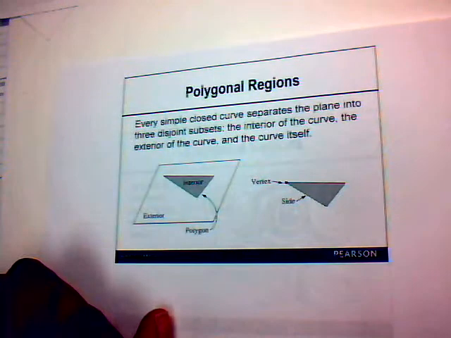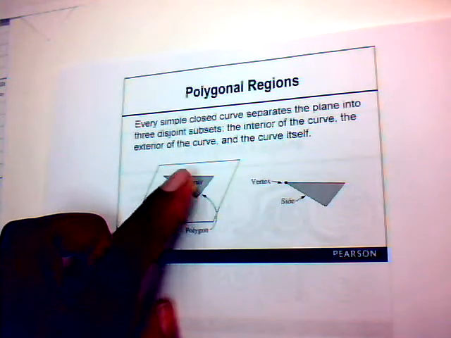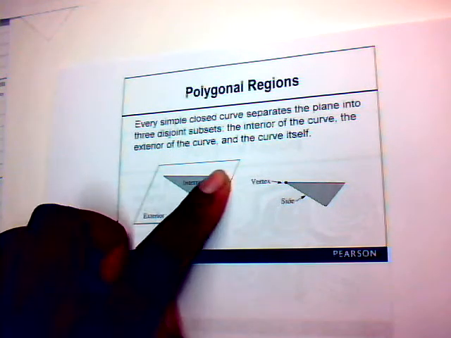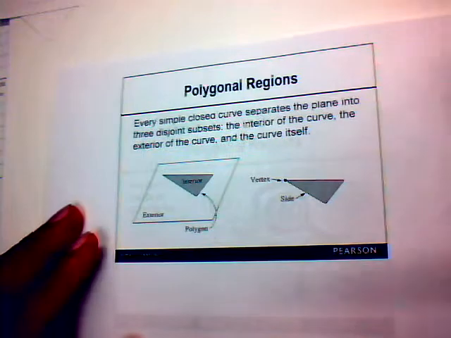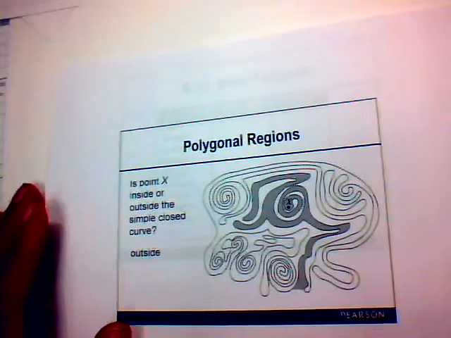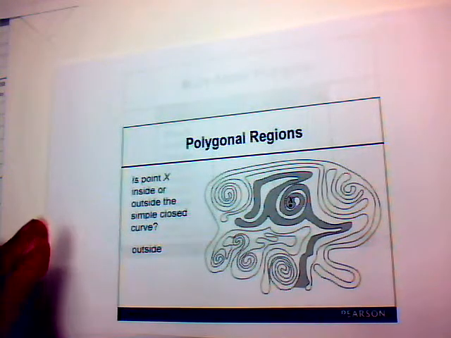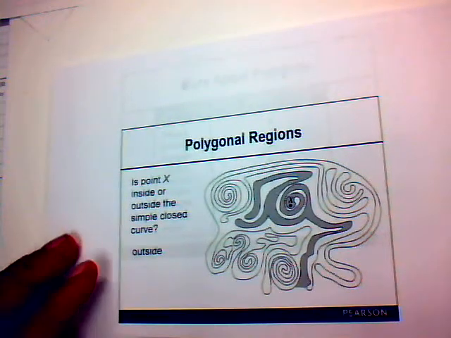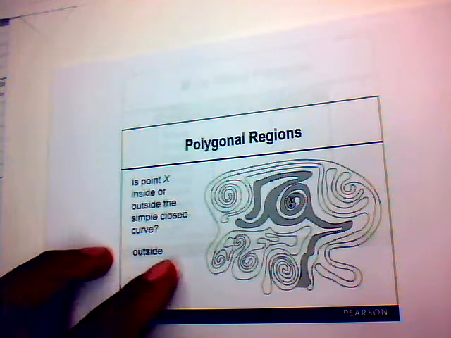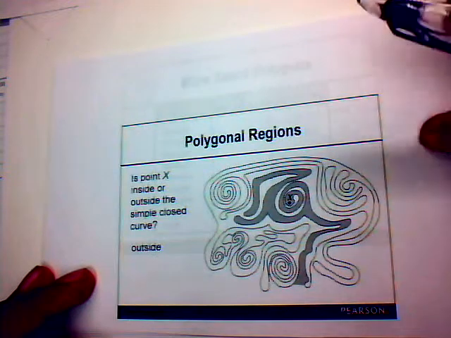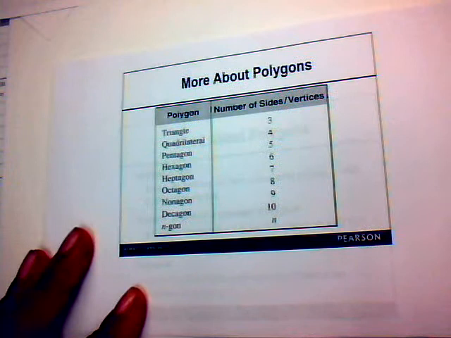You have 3 different subsets in that plane: the interior of that triangle, the space on the outside of the triangle, and of course the triangle itself. Okay, and this is one question you can ask yourself: is point X inside or outside the simple closed curve? Okay, and in this case it will be on the outside.